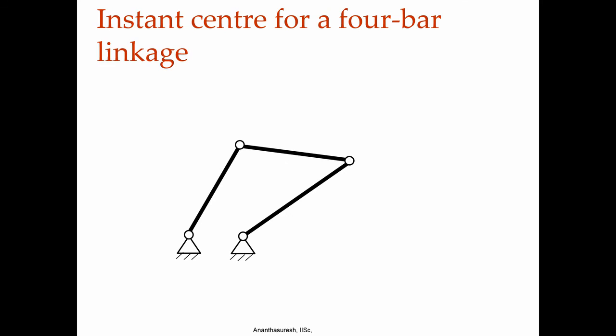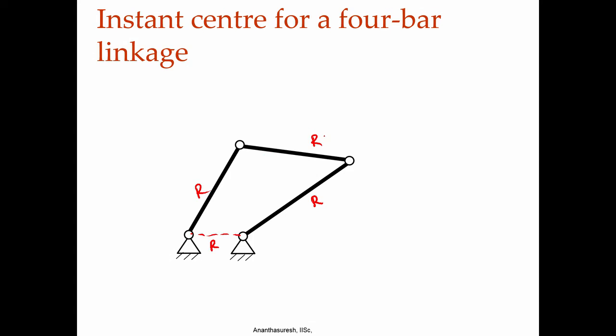So, we took a rigid body and we said that when you have 2 points on a rigid body whose velocities you know, you can get the instant center. Now, take a rigid body 4 bar linkage. That means that the fixed frame, which is this, is rigid, and then we have this as rigid, this as rigid, and this as rigid.